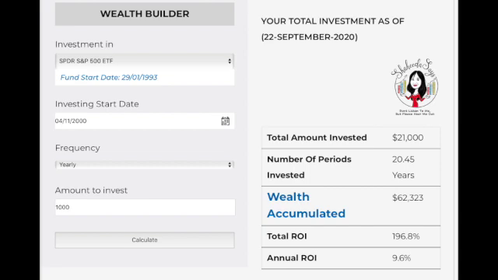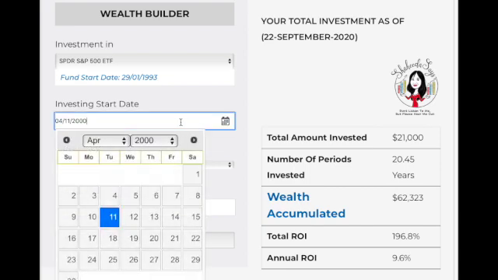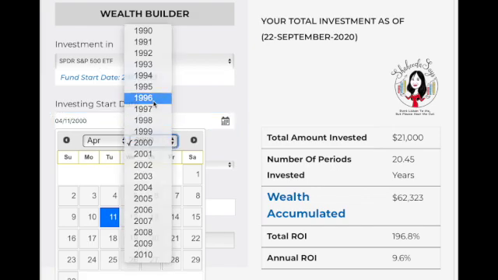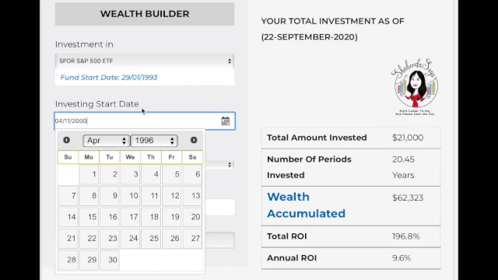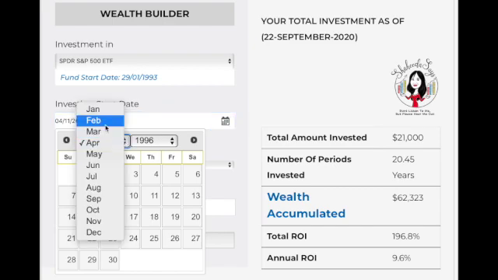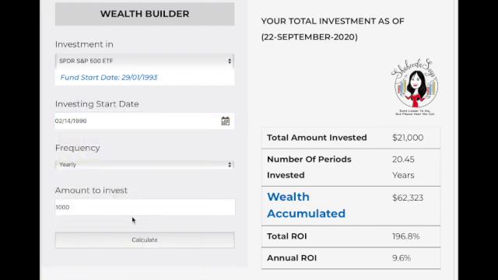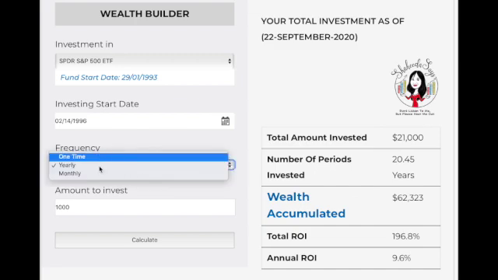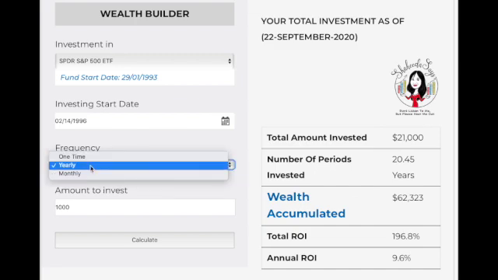Let's say your parents are so super nice that from the day you were born, they started investing in a fund in your name, and let's say they chose the Spider S&P 500, and I'm just going to assume you were born in 1996, let's choose Valentine's Day 1996, and on your birthday, every year, so you can choose the frequency of investment. You can either make a one-time investment, yearly or monthly. I'm going to show you all of them.